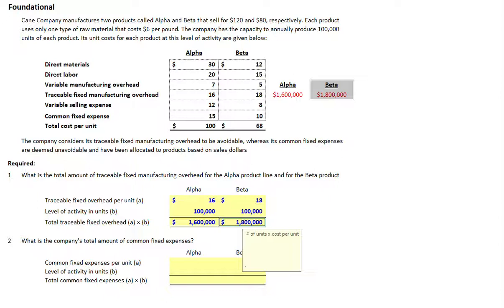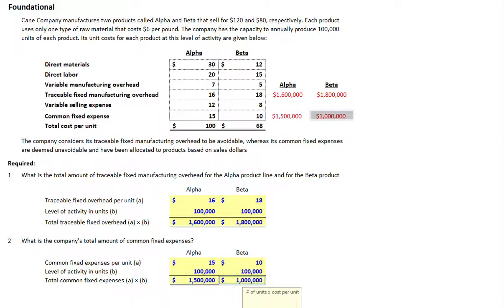They won't change if we get rid of a product line. Alpha is $15 a unit, beta is $10 a unit, and again, at 100,000 units of activity, total alpha is $1.5 million, and the total beta is $1 million. Once you've identified our total fixed cost, then you can go ahead and do your make or buy analysis, your special orders, and anything else you want to consider.